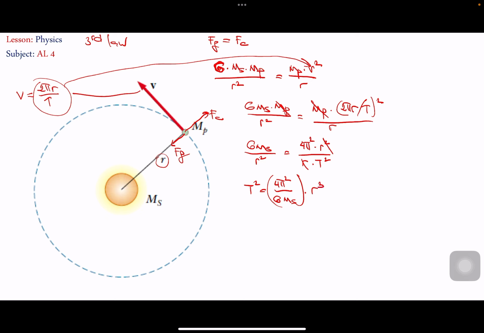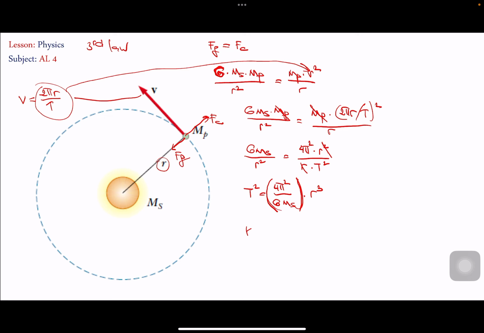So you see here, the things that are in brackets are all constant, because the universal gravitational constant is constant, the mass of Sun is constant, it's not changing, and π also is constant, it's 3.14. So let me name this constant as k sub s, constant of planetary motion, or Kepler's constant, let it be 4π squared over G times M of Sun.